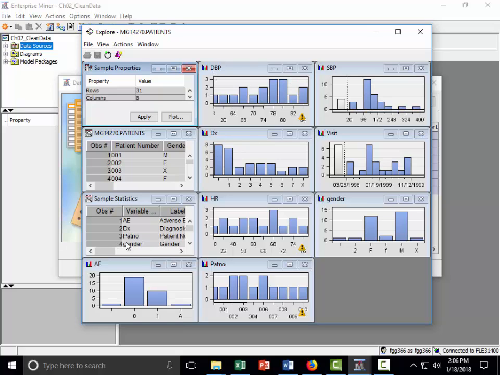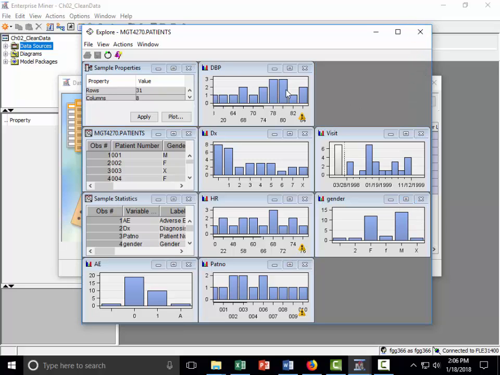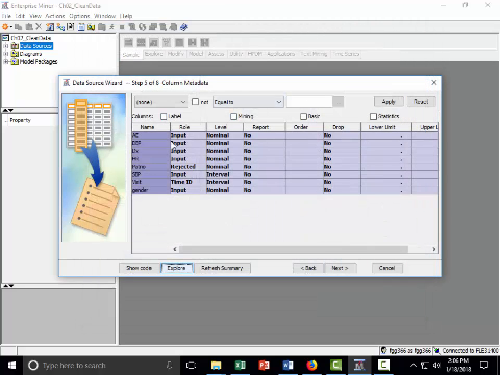So these are actually, one would consider them as interval variables, right? So heart rate, yes, all right. So you may go back and then say, well, no, we don't want AE to be, what is AE?